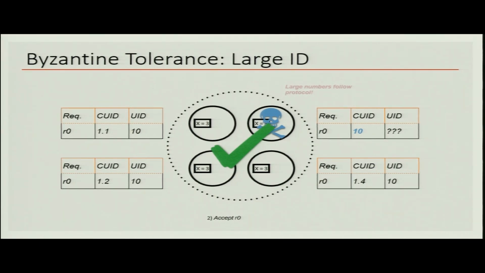Otherwise, if this happens again for R1, this guy can again give you a large ID, but that does not make any difference because all the other nodes will decide the same ID for each of the transactions. That ID might be dictated by the Byzantine node because he is choosing a very large ID, or it may be one of the IDs that these 3 nodes give. So, that will not be a problem.